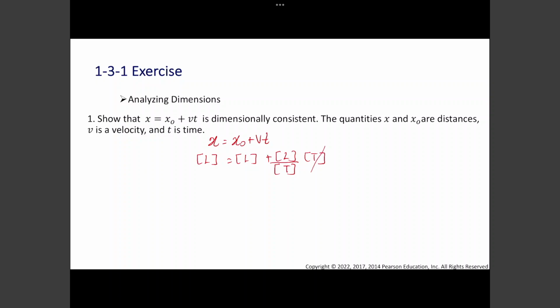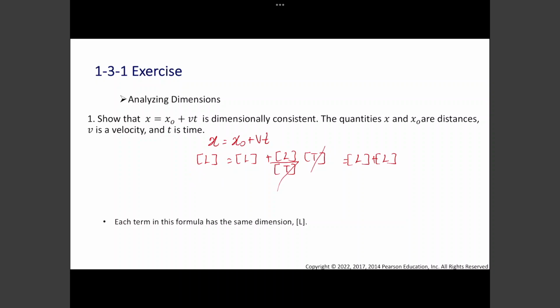Now this T and this T cancel out, and we get L plus L on the right hand side. Because of that, we can say that each term of this formula has the same dimension L. This type of calculation with dimension is referred to as dimensional analysis.